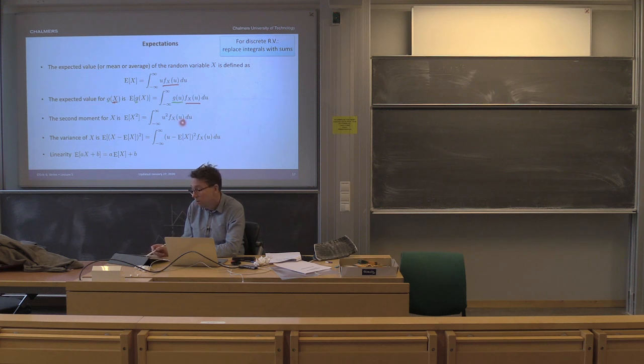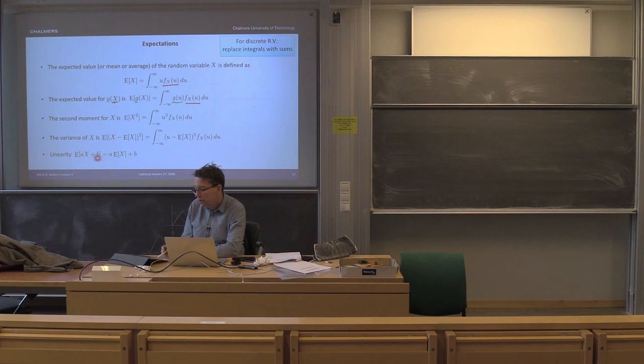So this is known as the second moment. The variance is the expected value of x minus its expected value, squared. Okay. So it's very complicated to say, but this is a measure of how far the random variable deviates from its mean on average. Okay, and the square root of this is the standard deviation.